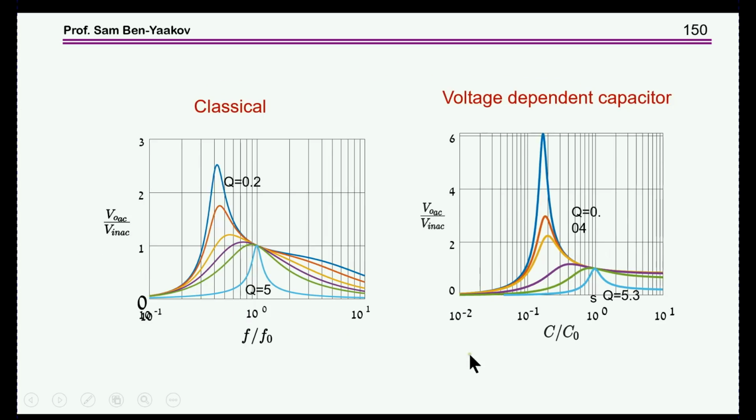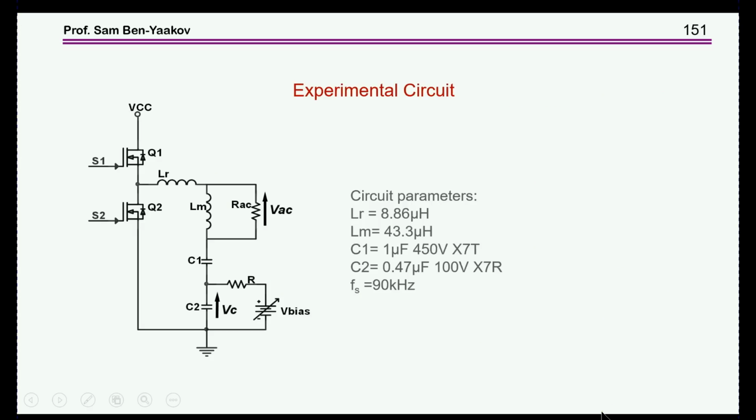So here is the comparison. The two look very much the same, except that here the control is by frequency, and here the control is by a changing capacitor. This was tested experimentally, and this is the test circuit, except that in this case we actually used a resistor here, we didn't use a rectifier and a transformer.